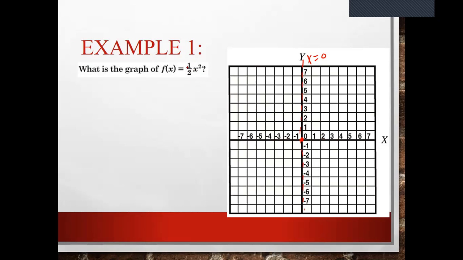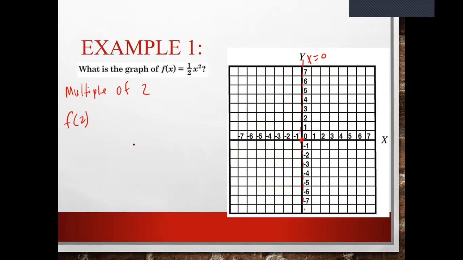Because we're dealing with a fraction, we want to pay attention to the denominator here. The denominator is a 2. So we want to choose numbers that are multiples of 2, so that we don't have to deal with a decimal. Does that make sense? My first multiple of 2 would be 2.